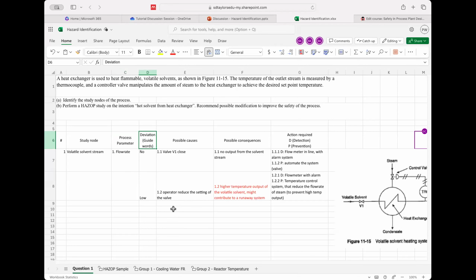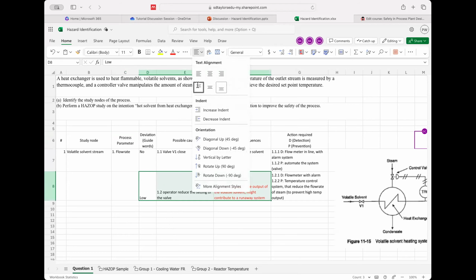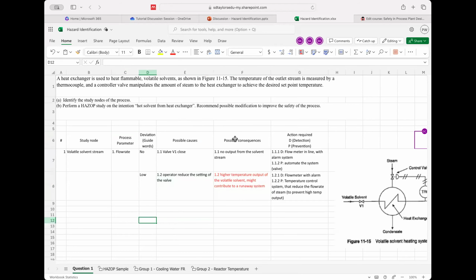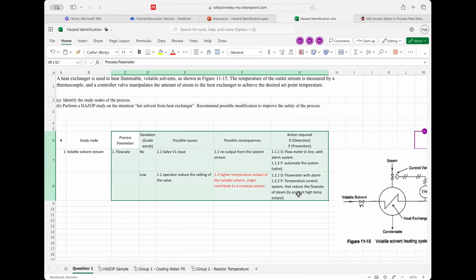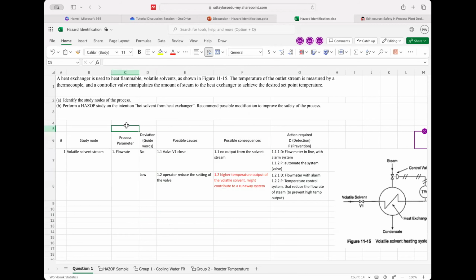And then it tells us which deviations or guide words you are analyzing. And then the possible causes, the possible consequences, and actions required. You won't get marks for having all 5, but for any column missing, total marks minus 2.